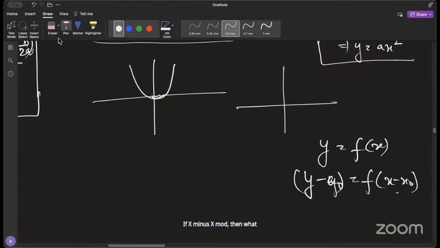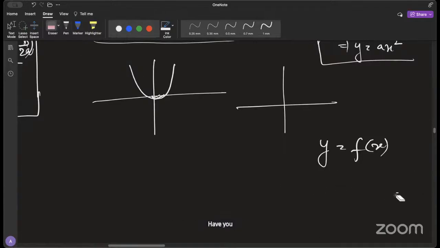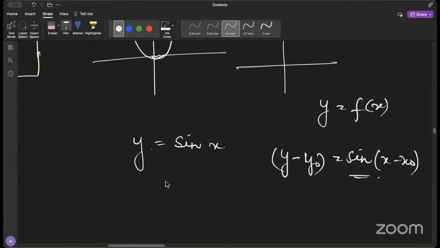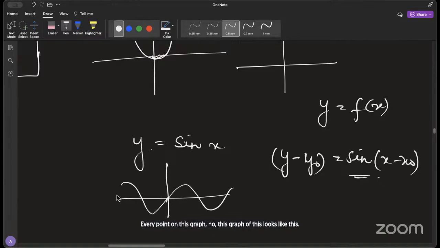Then what happens is, have you heard of sine functions? Yes, ma'am, that's trigonometry. So if you have this, and instead you take y minus y naught equals sine of (x minus x naught), then every point on the graph gets shifted.